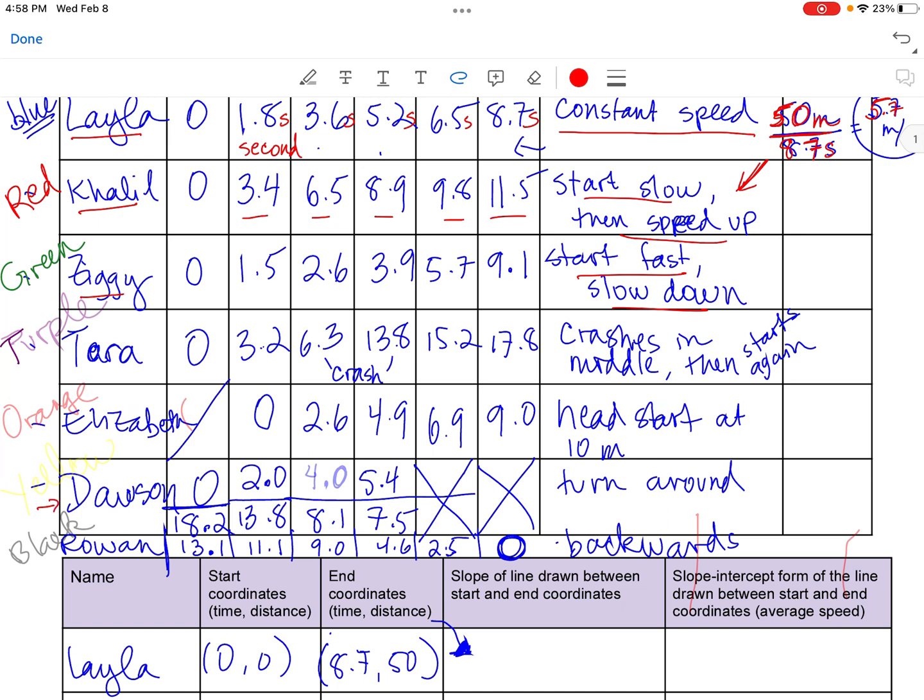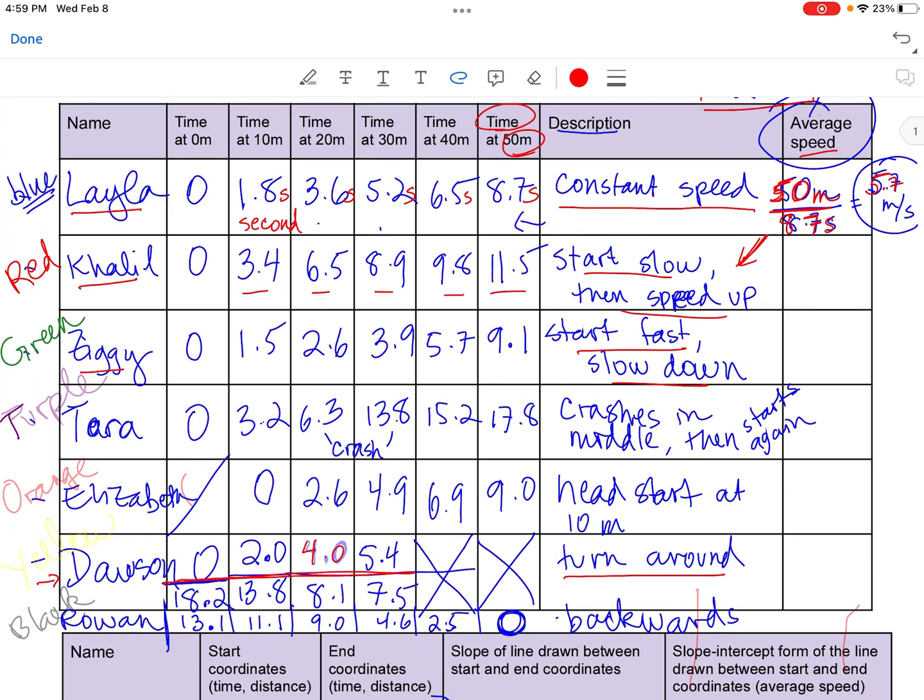We have one unusual one here. Dawson, I instructed him to turn around in the middle of his ride. We said that he hit a wall and he couldn't go over the wall. And so the numbers here at the top are the times that he hit each meter mark, but then he never got past the 30-meter mark.